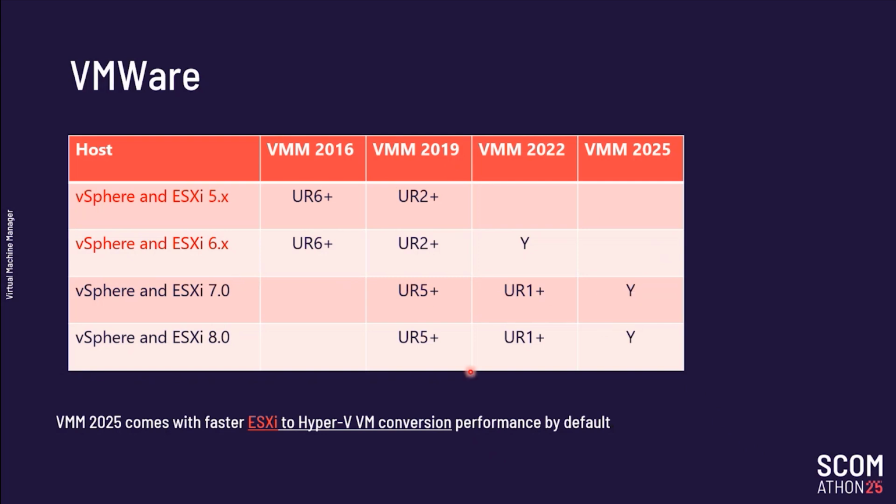For 2019, you need update rollup 5 or later in the end. But on that side, we have a very good support status. I added one note here at the bottom because Virtual Machine Manager 2025 comes with a lot faster support for migration or conversion from ESXi to Hyper-V VMs.